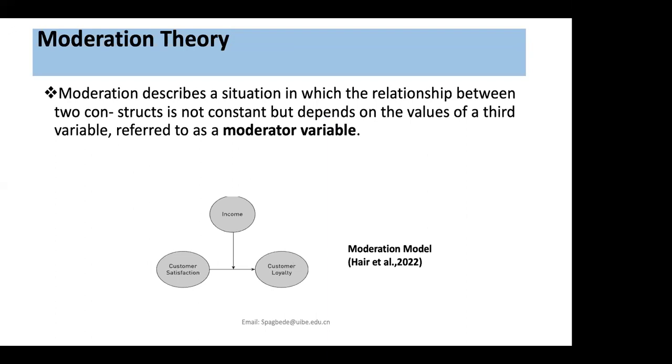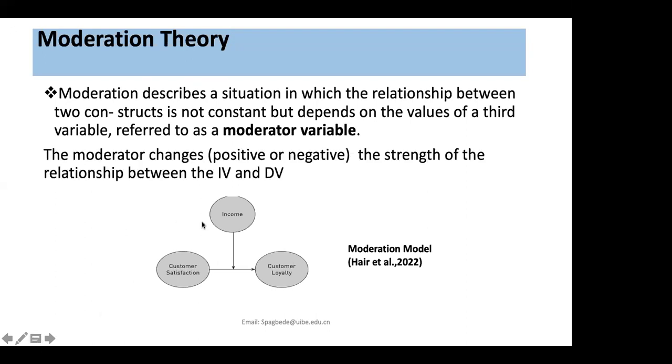Moderation describes a situation in which the relationship between two constructs is not constant, but depends on the values of a third variable. Now, let's use this as an example. Imagine the relationship between customer satisfaction and customer loyalty.